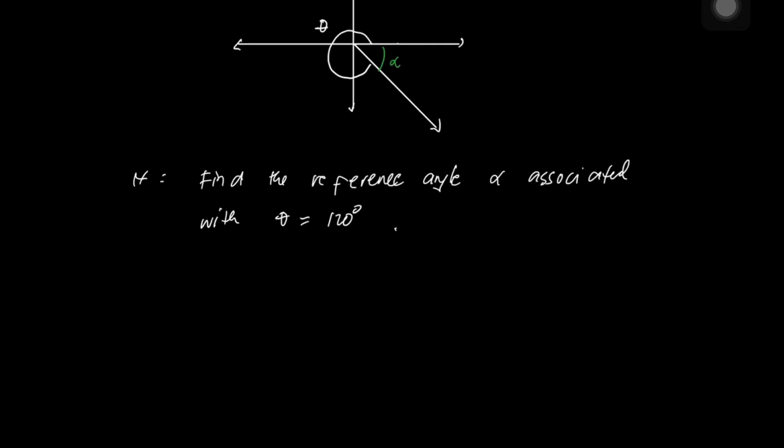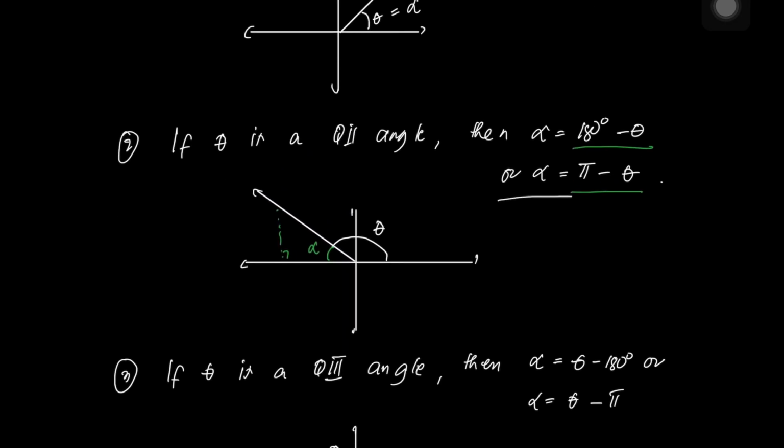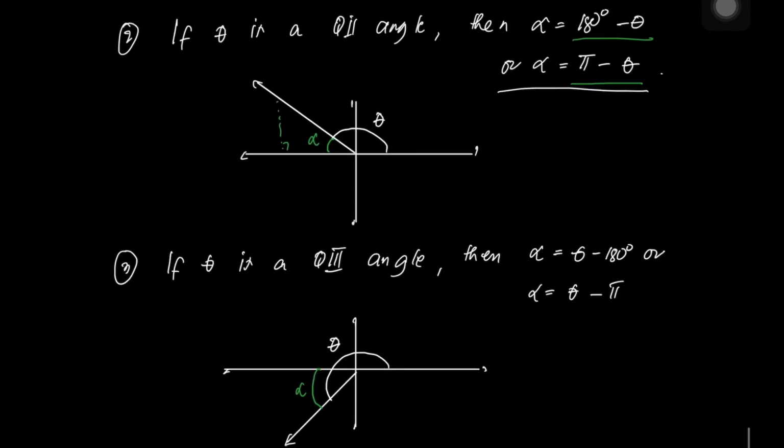Example: find the reference angle alpha associated with theta equals 120 degrees. If we locate 120 degrees in the rectangular coordinate system, it is a second quadrant angle. Again, if theta is a quadrant 2 angle, we compute the reference angle as 180 degrees minus theta.